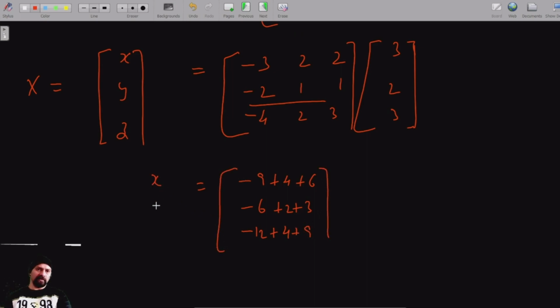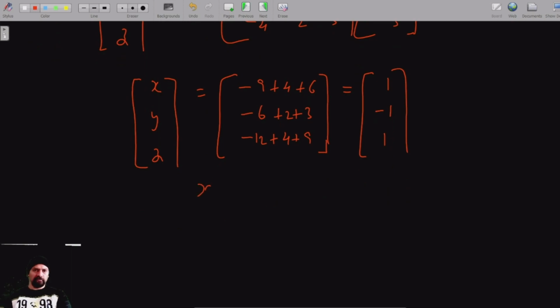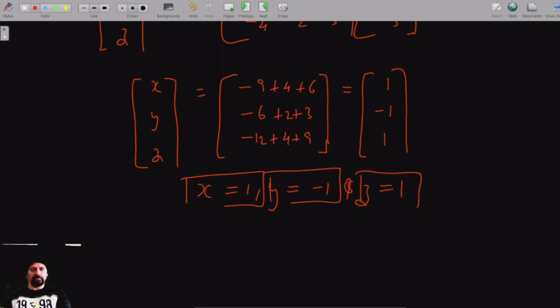And this is X, Y, and Z. Okay, so this is 9 plus 4 is 13, minus 12 is 1, minus 6 plus 2 is minus 4, plus 3 is negative 1, and minus 12 plus 4 is negative 8, plus 9 is 1. Okay, this gives me X is equal to 1, Y is equal to negative 1, and Z is equal to 1. So these are the values of X, Y, and Z.